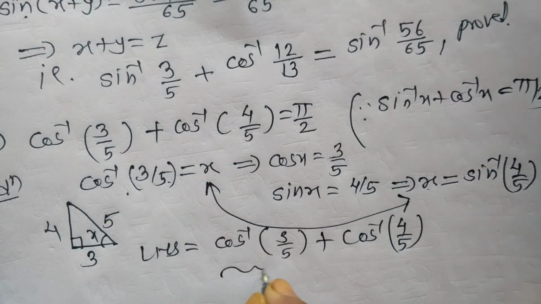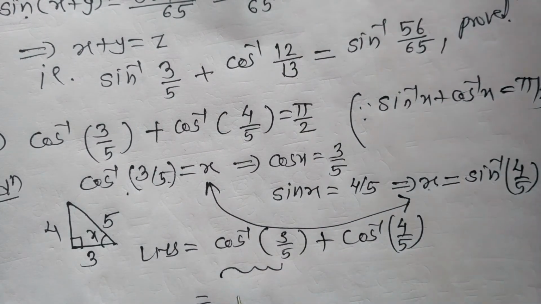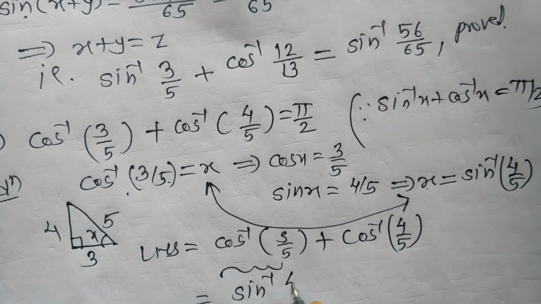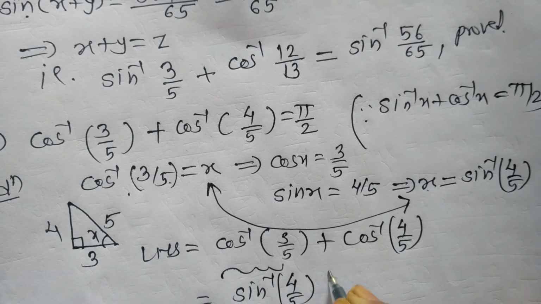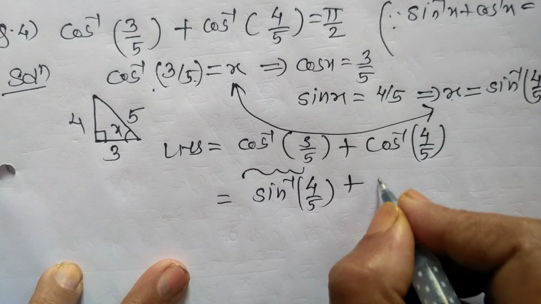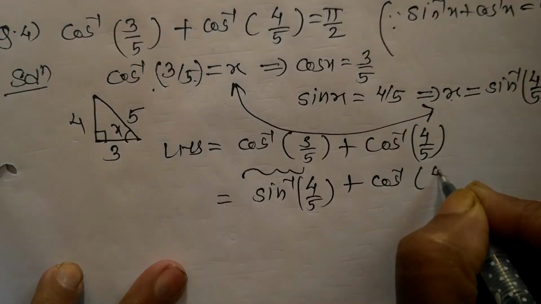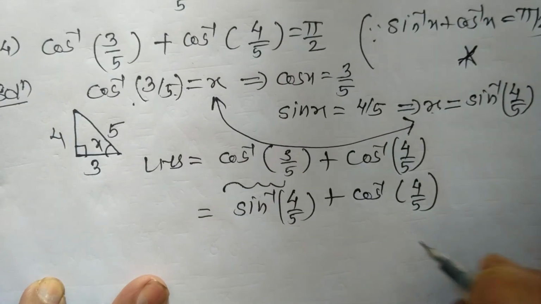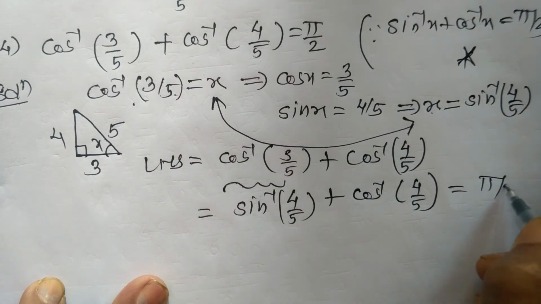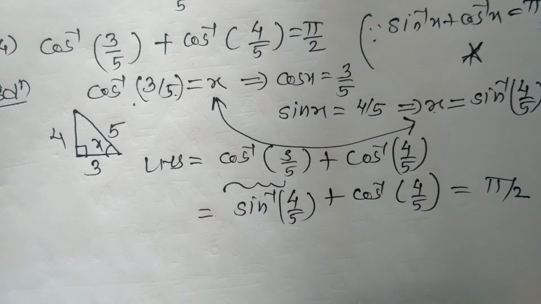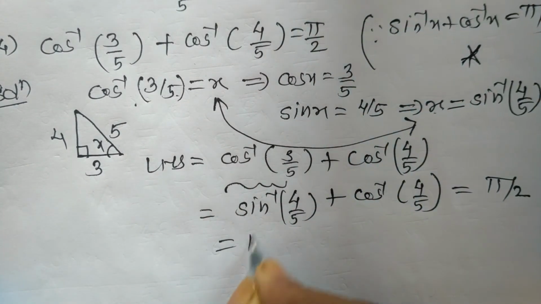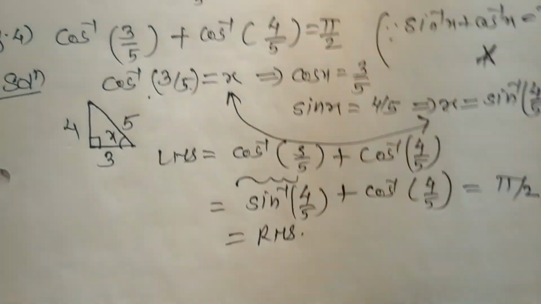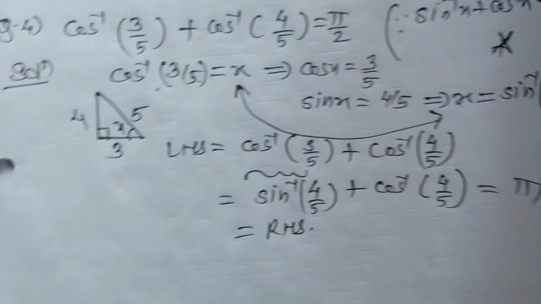Now this cos inverse 3 by 5 can be replaced by sin inverse 4 by 5, plus this cos inverse 4 by 5, and using this property of inverse trigonometric functions, we get that addition is equal to pi by 2, and that pi by 2 is nothing but the RHS of the given expression, which is proved here.